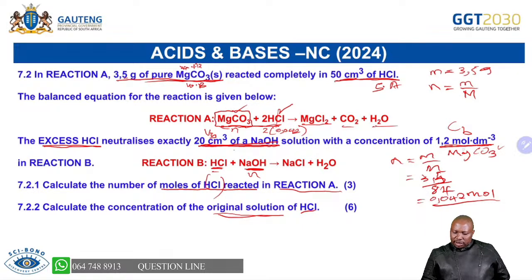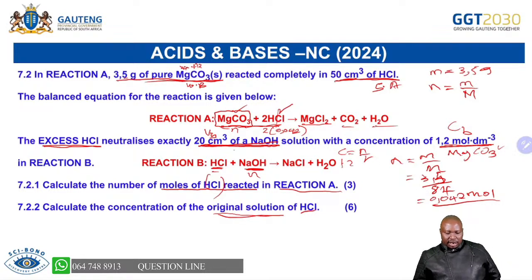So if you do that, you are going to say, okay, C equals N over V. And you know your C is 1,2. You know V is 20 times 10 to the power of minus 3. So you are able now to find the number of moles of sodium hydroxide, which according to the mole ratio must be the same as the number of moles of that one.